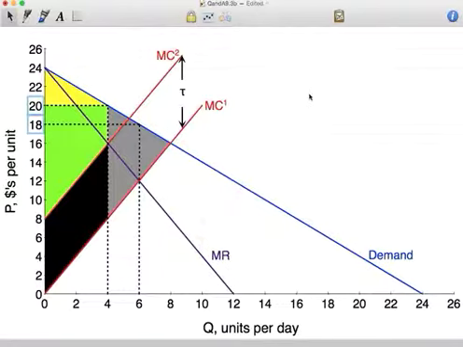The burden of the tax is 25% on consumers because that $8 tax on the monopolist caused the price to go up by $2. So they're paying $2 out of the $8 tax that was placed upon the monopolist. And the other amount, the $6 per unit, 6 out of 8, 75%, is being borne by the monopolist.